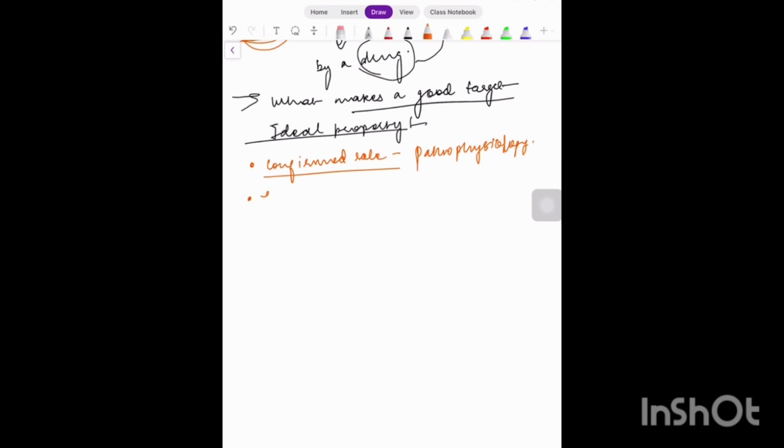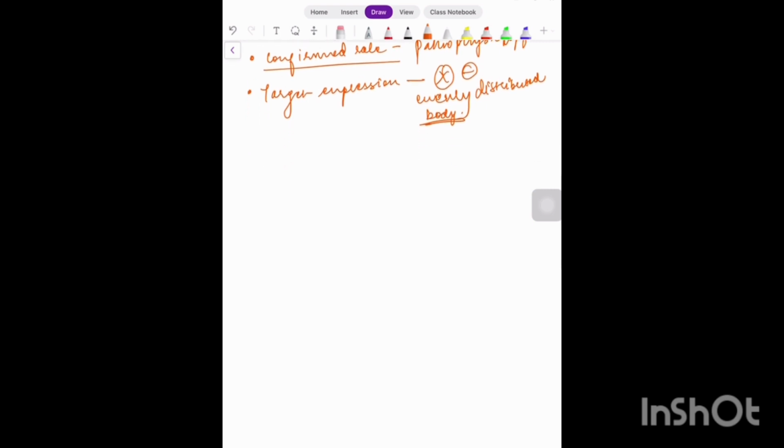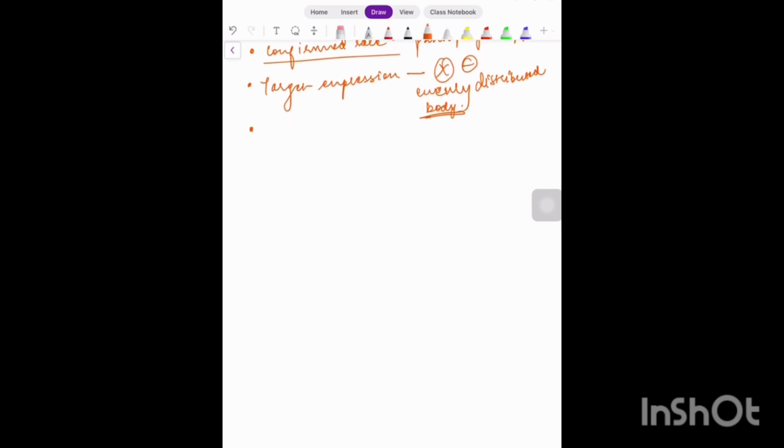Second, the target expression is not evenly distributed throughout the body, otherwise there could be potential side effects that we would observe. Third one being the target's 3D structure is available to assess for better understanding.